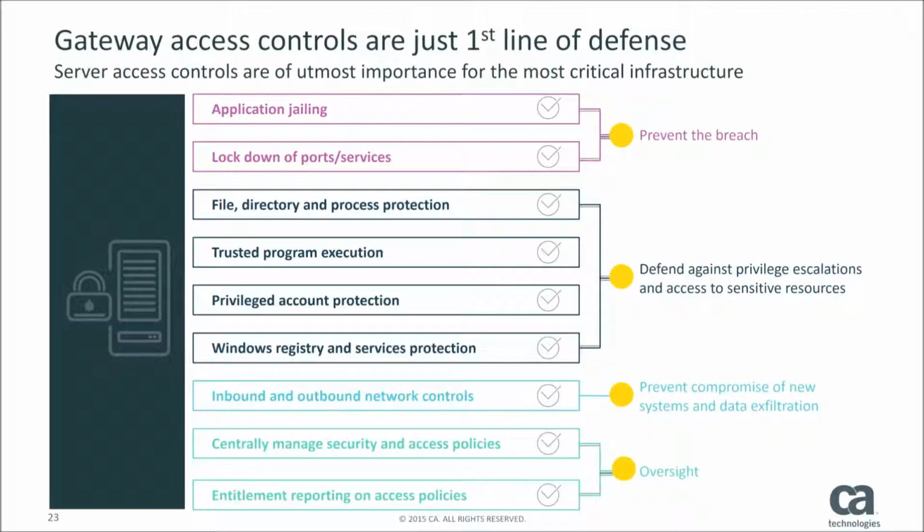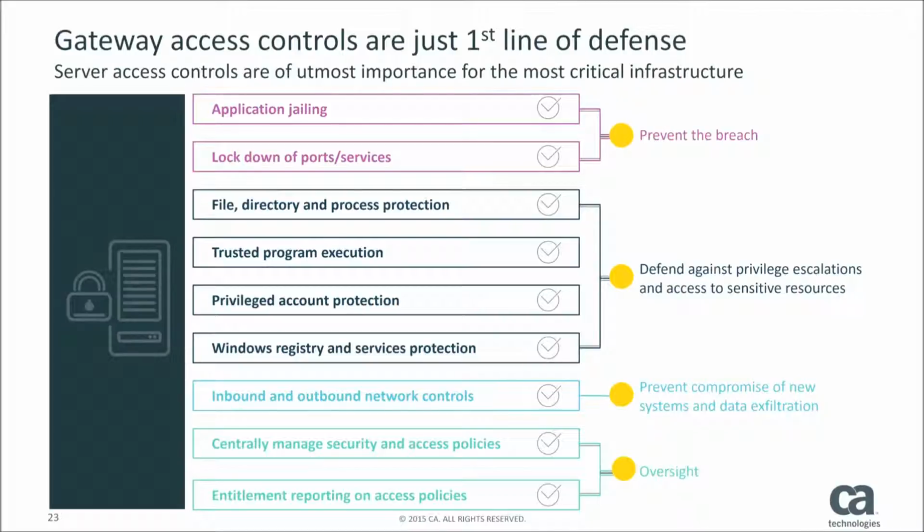Inbound and outbound network controls are an important part. You need to do it centrally. So if you want to be effective while not spending too much time on creating policies, you need to have a way how to manage it centrally. And finally, you need to have some way how to report who has access to what and when that access was exercised.